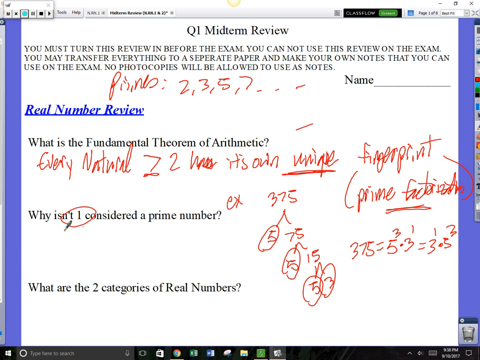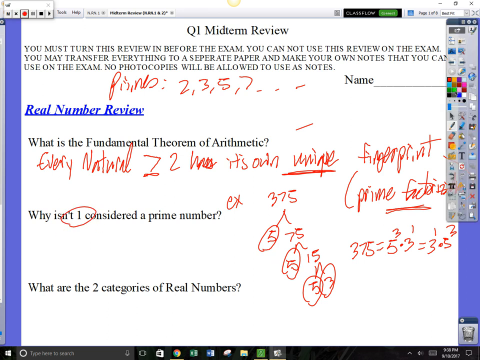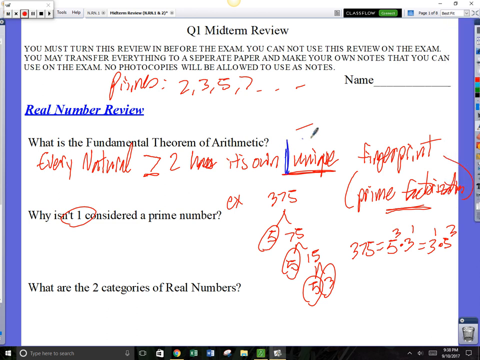How come 1 is not considered to be a prime? And 1 is not a prime because of this word right here. Every natural number greater than or equal to 2 has to have its own unique fingerprint. And if we say 1 was a prime, 1 would throw the idea of having a unique fingerprint out the window.